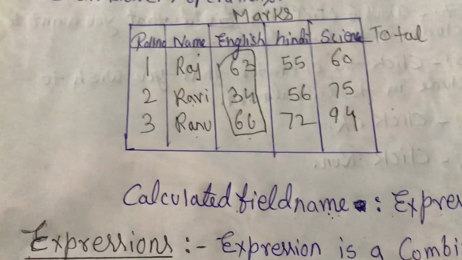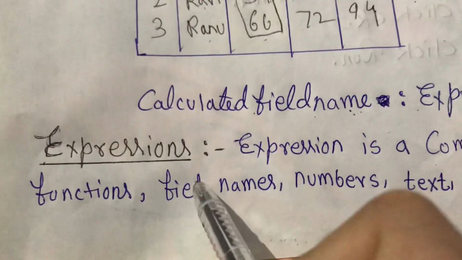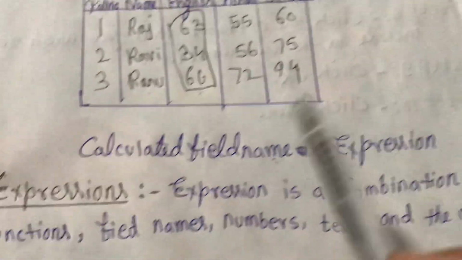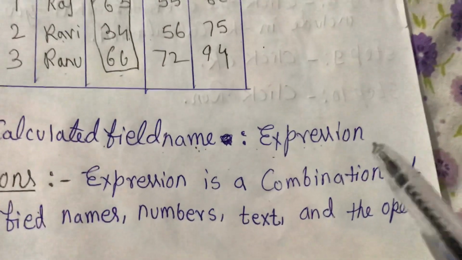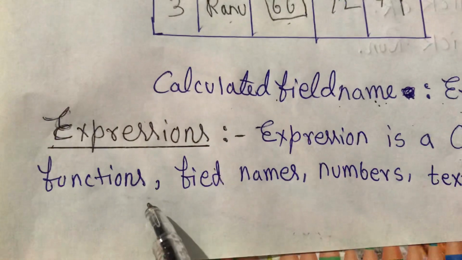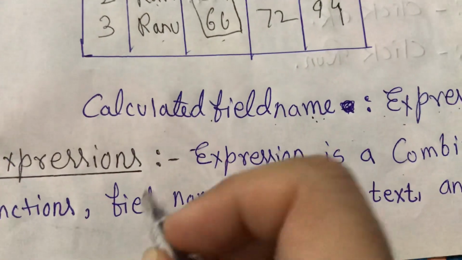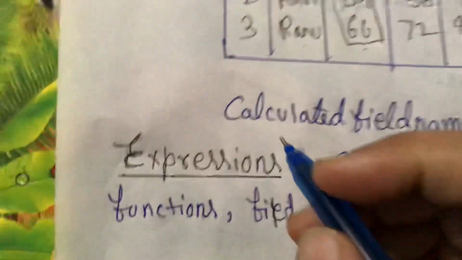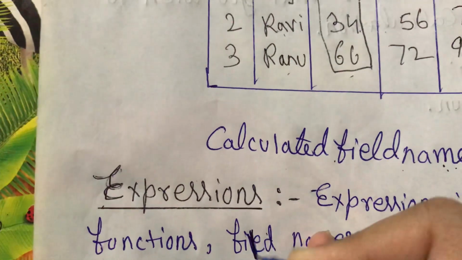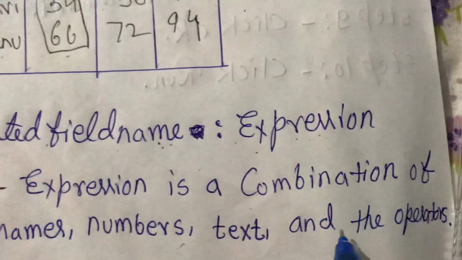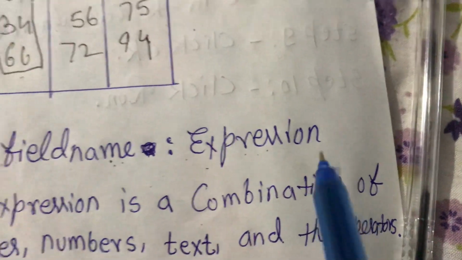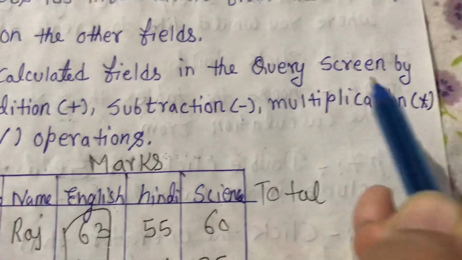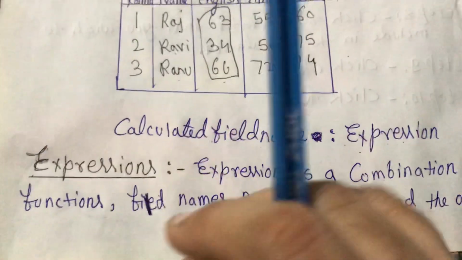Now the next topic is expressions, that I told you in the syntax of calculated field. An expression is a combination of functions, field names, numbers, text and the operators. What are the operators? That is the plus, minus and multiplication signs. These are the operators.